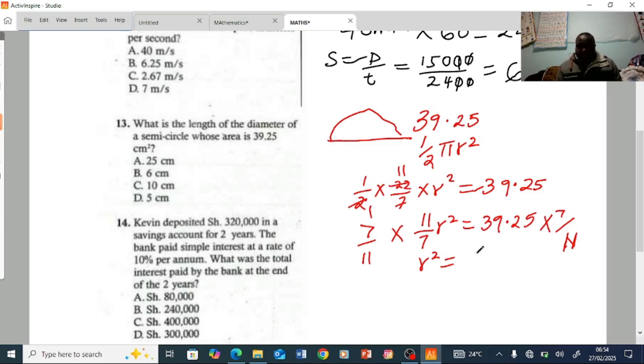This one will give us 24.25. Find the square root of that. The radius is equal to 5. So the diameter is radius times 2, which is 10.